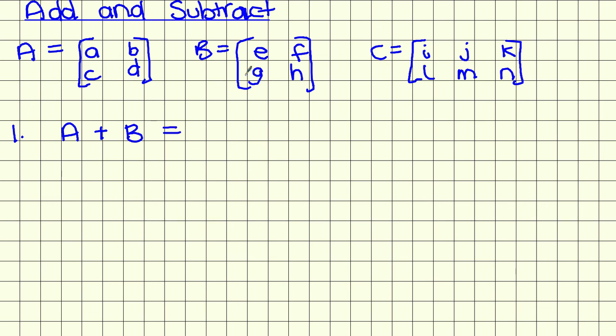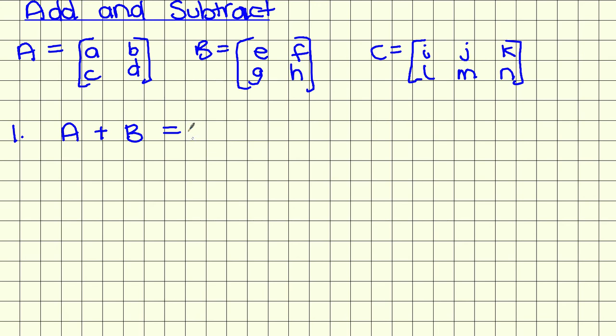Now, the main thing to remember here is that in order to add or subtract matrices, they need to be the same order. So if I was trying to do A take away C, I could not do that because I've got a 2 by 2 here, but here I've got a 2 by 3, so that is impossible, it won't work.